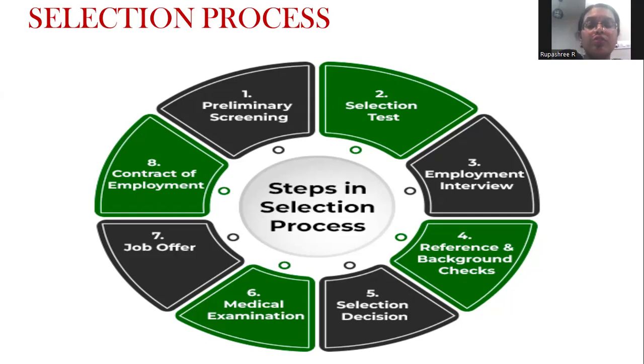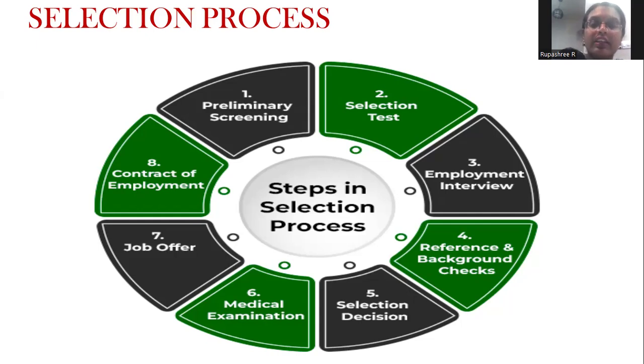Now, once you receive the offer letter, the last and final procedure of the selection process is to have a contract of employment, where you receive the offer letter and agree to work in the organization as an employee for a particular stipulated period of time. Or if there is no agreement as such, that is, the minimum duration is not there, then you work for the organization.